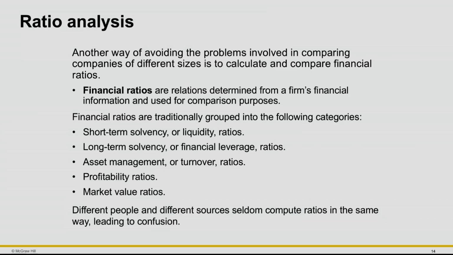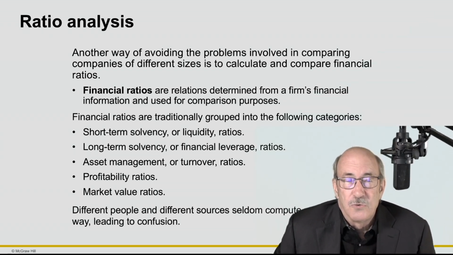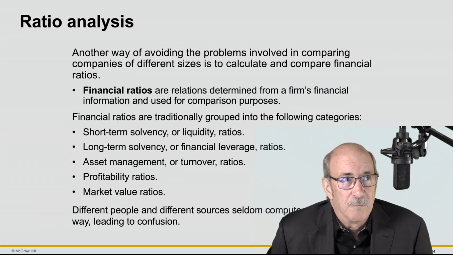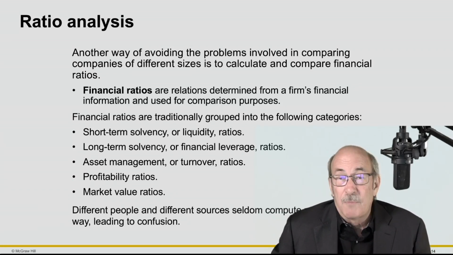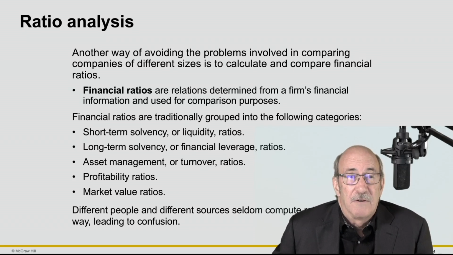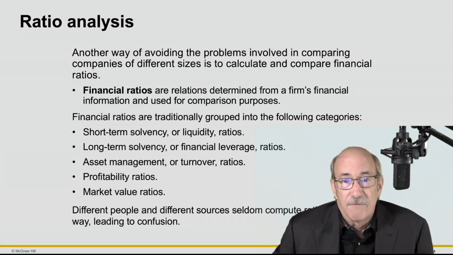All right, on to financial ratios. This is where we get a little bit deeper dive into what's happening with the firm. Certainly these common size statements can be helpful, but financial ratios take it even further.